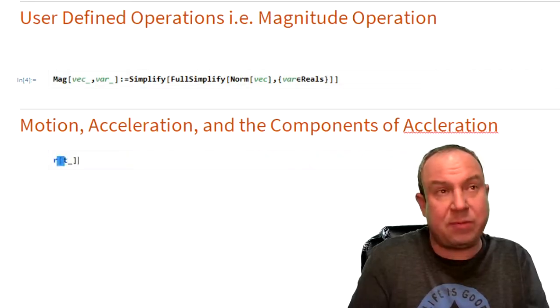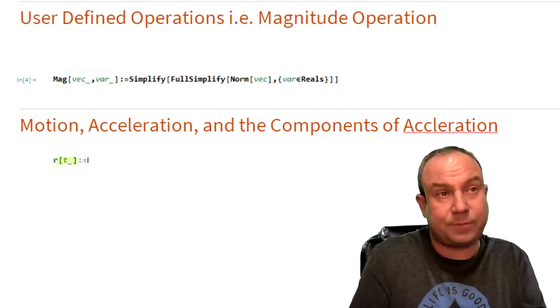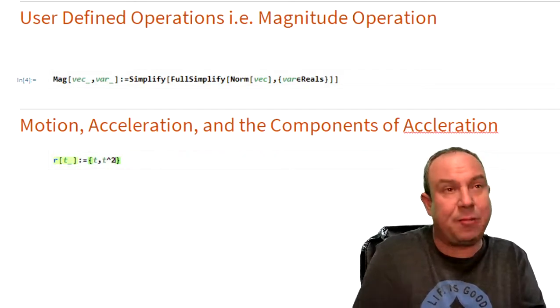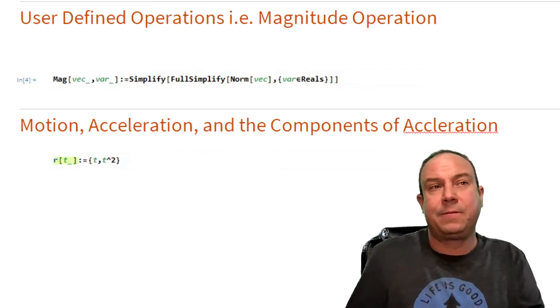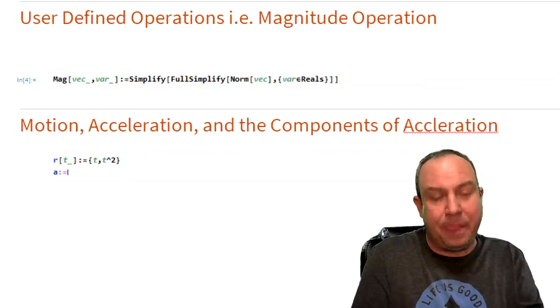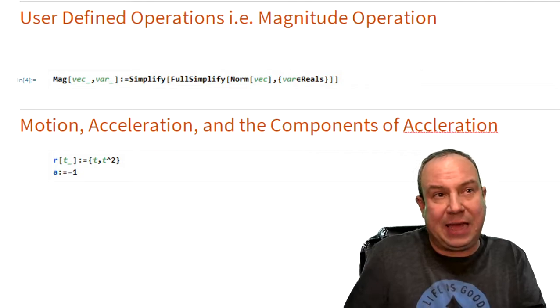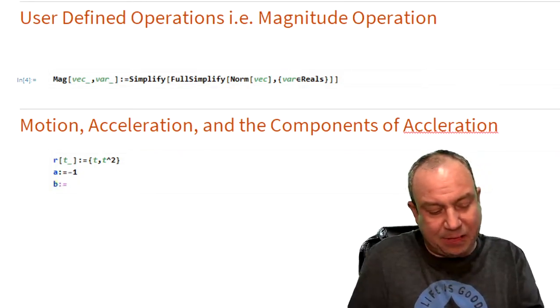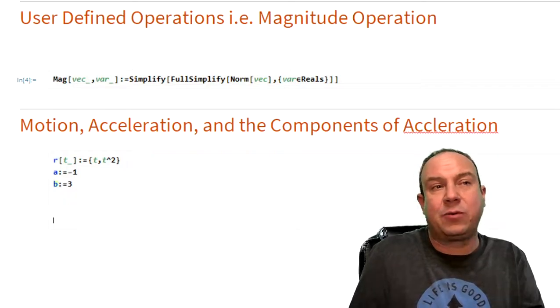We want to look at maybe motion. So here's our classical example, the parabolic curve. Again, we might be interested over some bounds from A to B, and that might be useful to look at with respect to a plot.